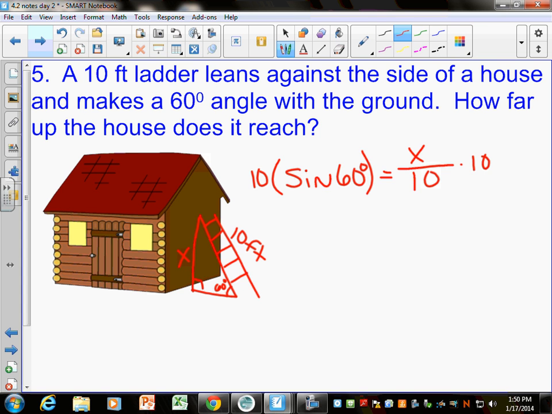Make sure you're in degree mode, though, because you're typing degrees in, right? 60 degrees is very different than 60 radians, which hopefully the answer would tell you if you're in the wrong mode. But if you get a decimal form here, we would get about 8.66 feet. That's how far that ladder would reach up the side of the house. Questions about that?